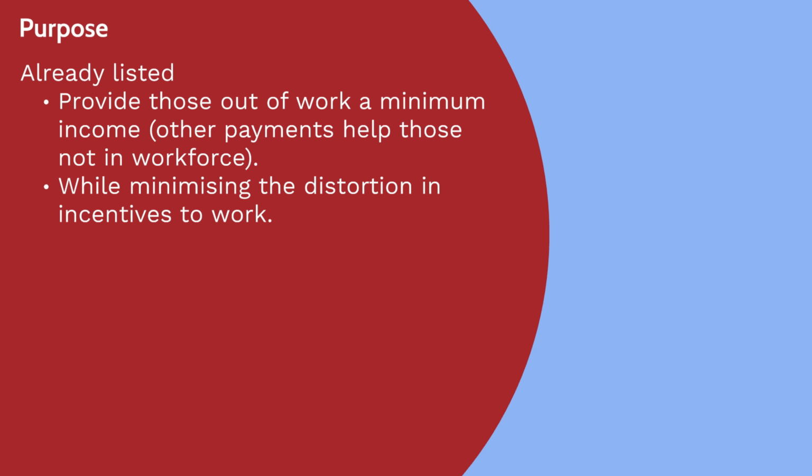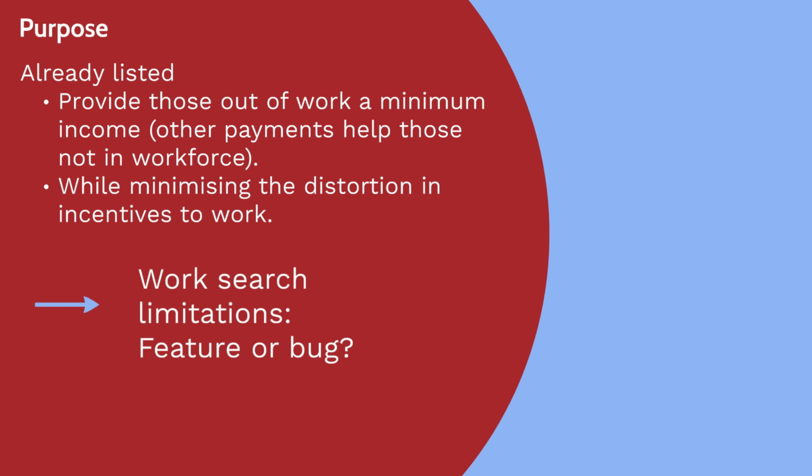But to think about that, we also need an idea of what is the purpose. So we've got a purpose right here in the iron triangle, right? We want to provide income for those who are out of work, where there's other payments who help those who are not in the workforce. But we want to minimize the distortions in the incentive to work. Now, work search here is part of a feature of the program because it's minimizing costs.